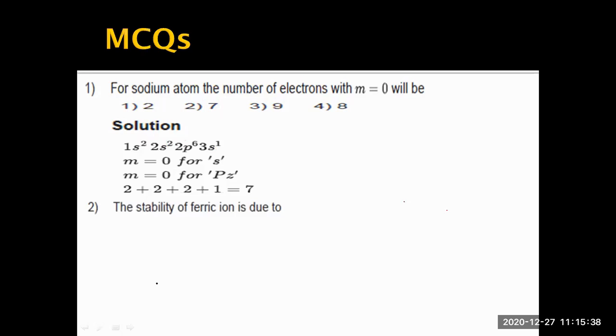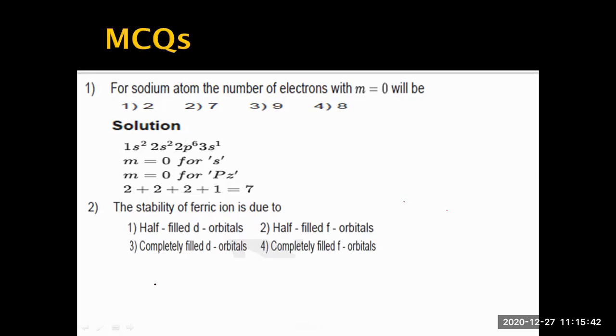The stability of ferric ion is due to: half-filled d orbital, half-filled f orbital, completely filled d orbitals, and completely filled f orbitals. Which is correct? First option, sir. Ferric ion will have 3d5. Okay, so that's fine. So you can see iron atom, atomic number is 26. It will have 4s2 3d6 outermost.